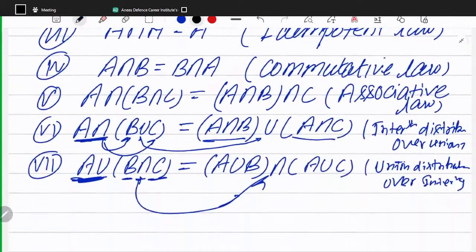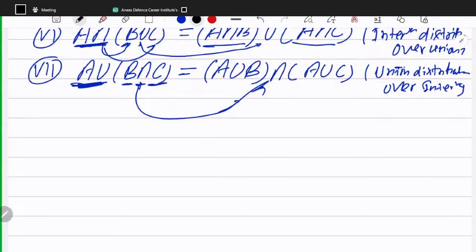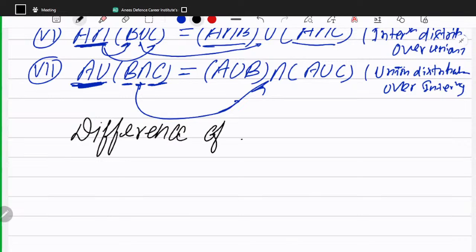Now the third one is difference of sets.